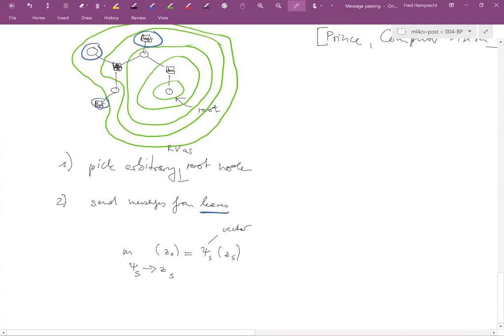Now, if on the other hand my leaf is a random variable, then I'm sending a message here from a random variable zs to a factor psi t.